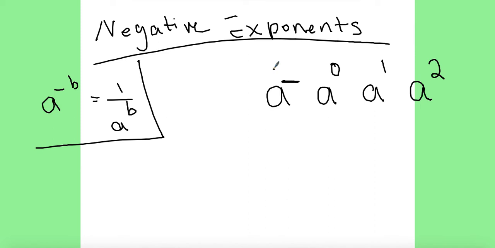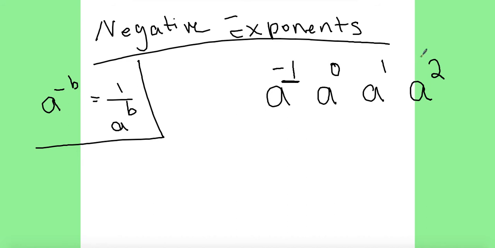Well, my pattern looks like I'm taking away an exponent every time, which is what I'm doing because I'm dividing by a. To get from here, divide by a, divide by a, divide by a. Okay, but in my exponents, that's reflected as a subtraction. Subtract 1, subtract 1, subtract 1.